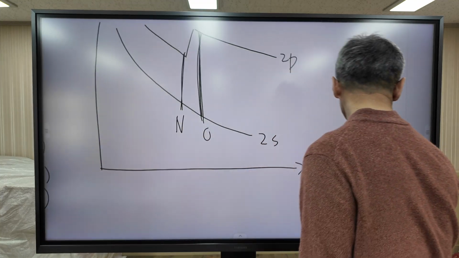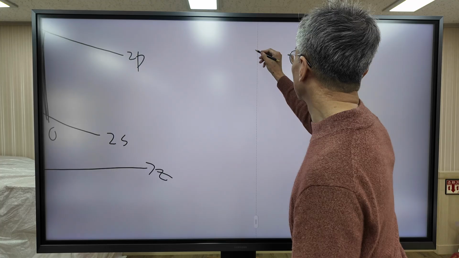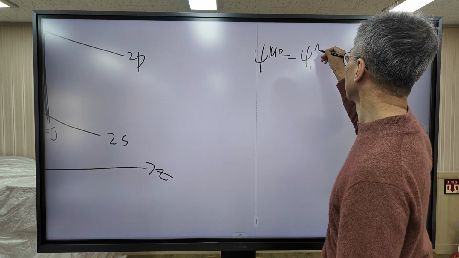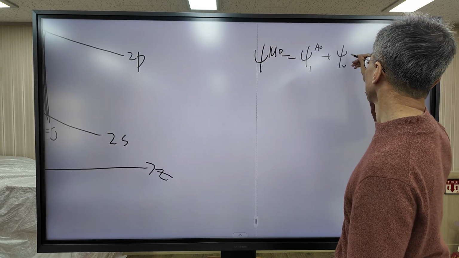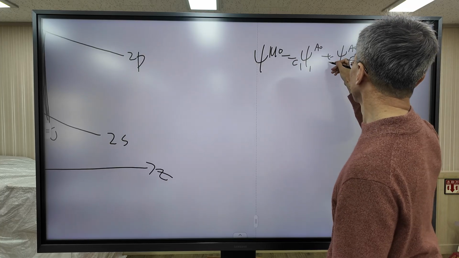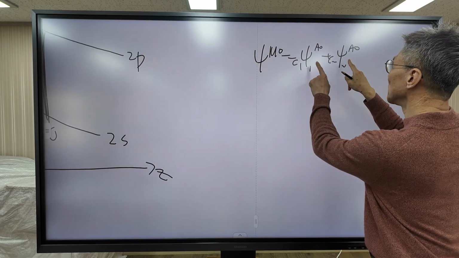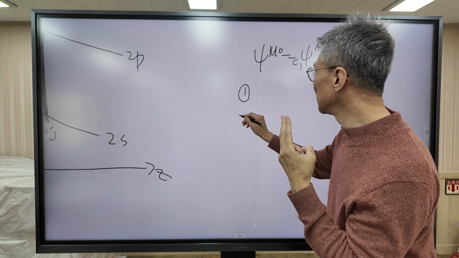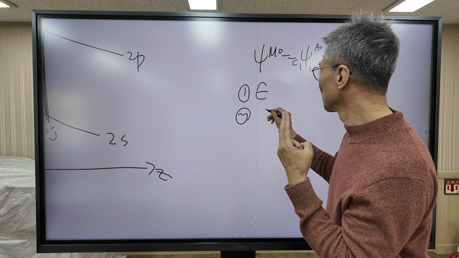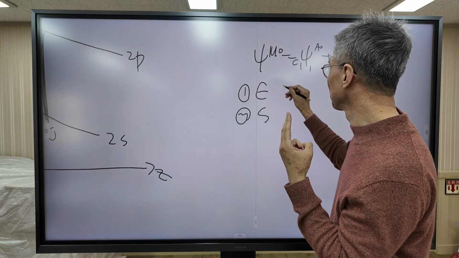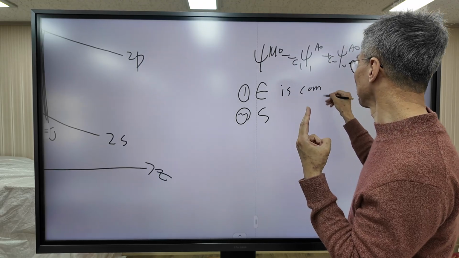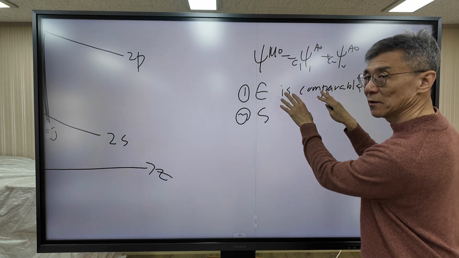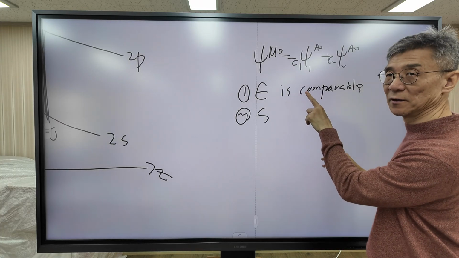As I said before, for two atomic orbitals to interact, two requirements must be satisfied. Energy must be comparable. This is the first requirement, right?